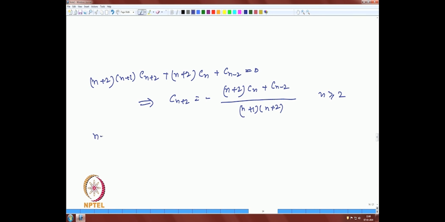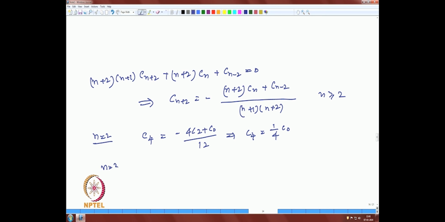So for the case n equal to 2, c_4 can be solved. c_4 is minus (4 c_2 plus c_0) by 12, so this implies that c_4 is 1 by 4 c_0.